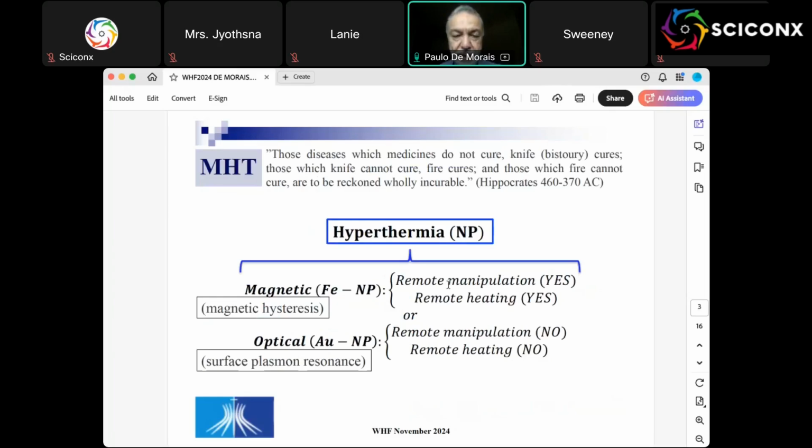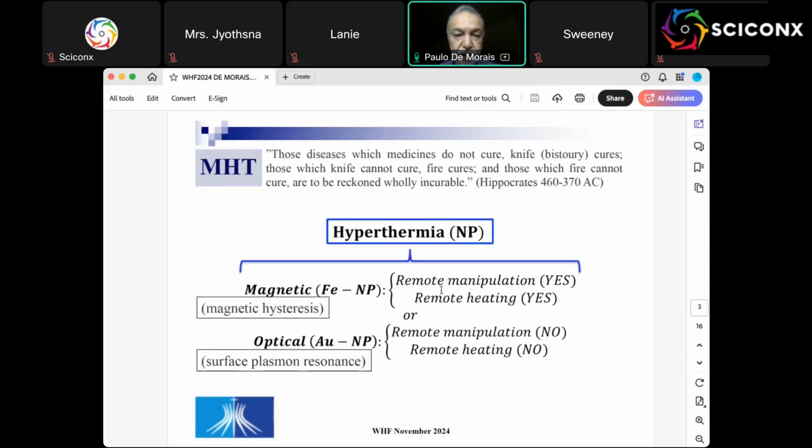On the other hand, optical hyperthermia does not allow you remote manipulation of the metallic nanoparticles, and likewise, it does not allow you to perform remote heating.